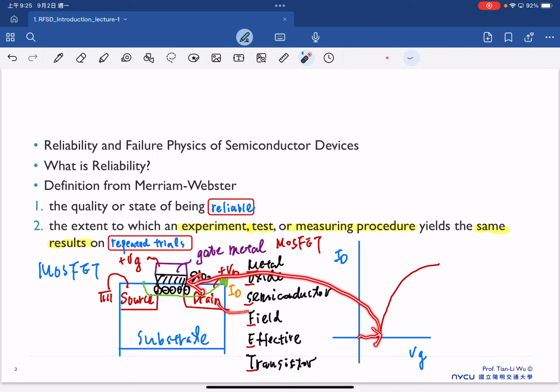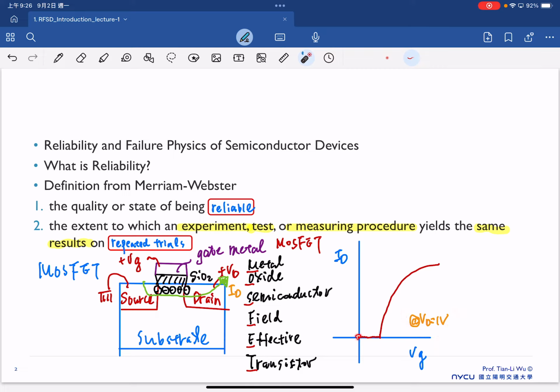And because in the meantime the drain bias is constantly applied, usually in this graph we will apply the VD, for example, 1 volt here. So the drain bias is constantly applied on the drain side.